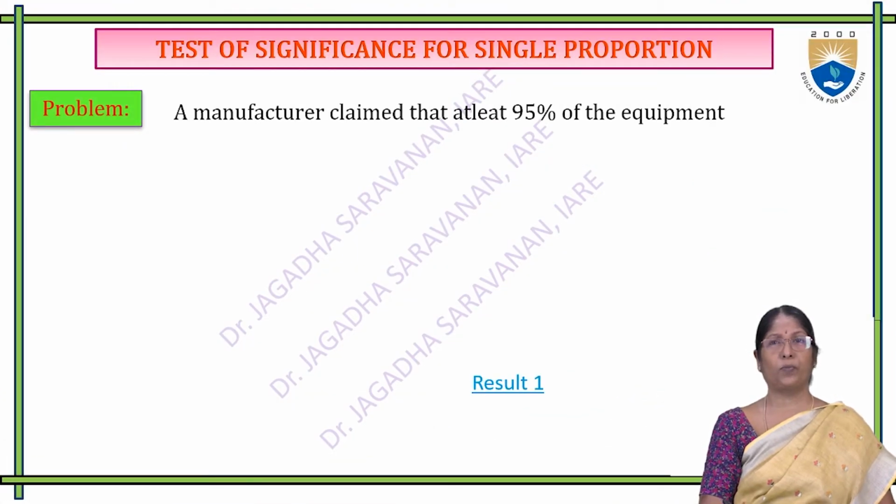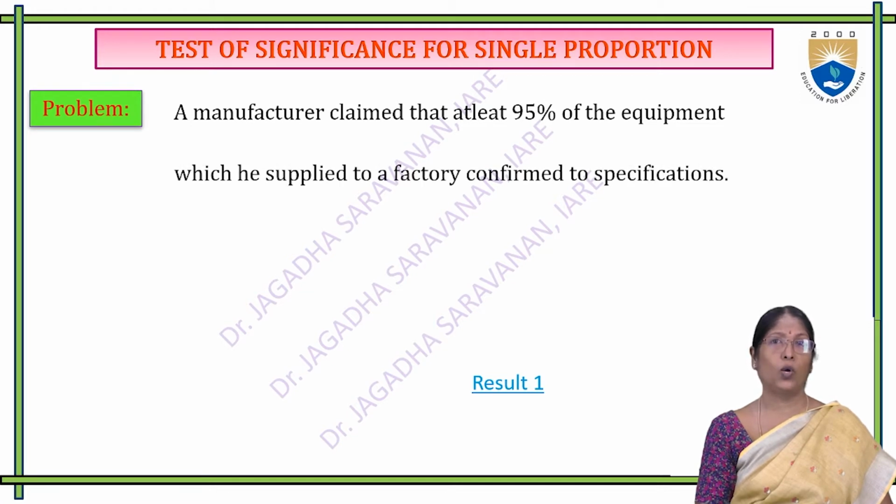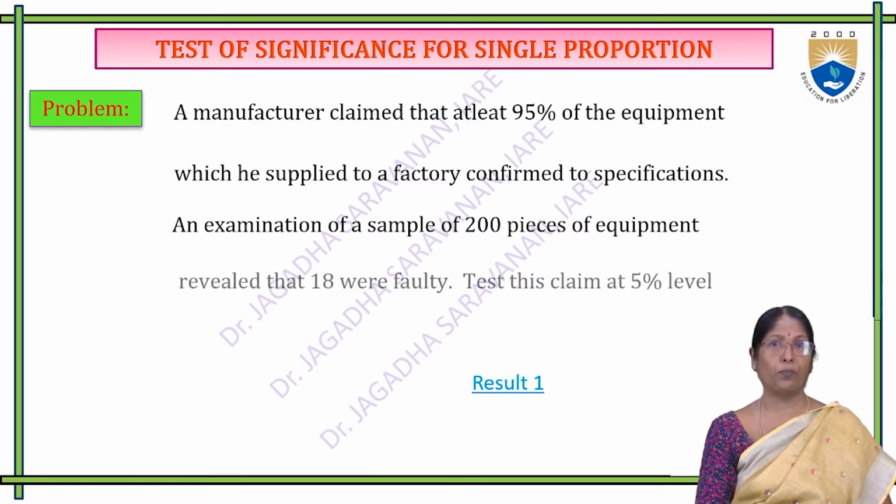So the first problem: a manufacturer claimed that at least 95% of the equipment supplied to your factory conformed to specifications. An examination of a sample of 200 pieces of equipment revealed that 18 were faulty.